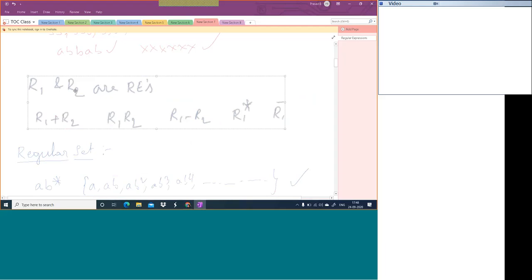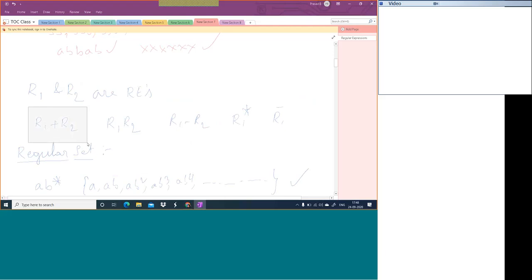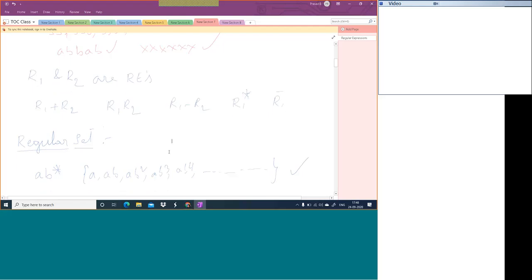So here, if R1 and R2 are two regular expressions, then their union R1 plus R2, their concatenation, their subtraction, their closure, their complement, all these are also regular expressions. What is concatenation, what is complement, these we will see at the time of properties of regular languages. Okay, so just leave this.